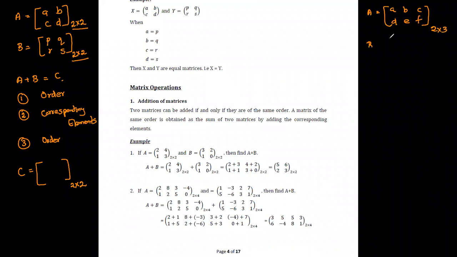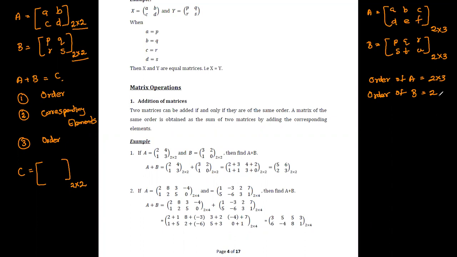And if matrix B is given as P, Q, R, S, T, U, this is also a 2 by 3 matrix. Now we can see that the order of matrix A is 2 by 3. The order of matrix B is also 2 by 3.